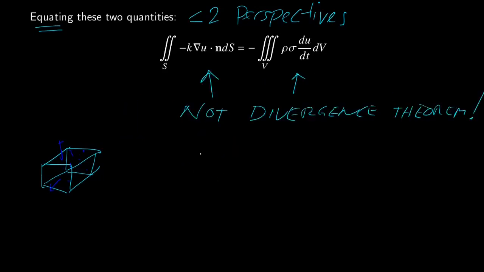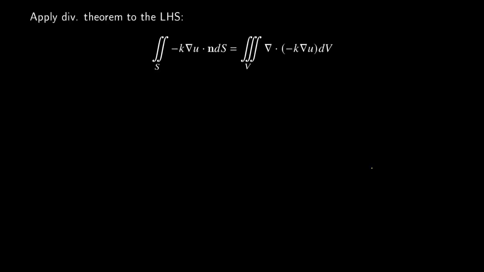You need to be careful here. This is not yet the Divergence Theorem. This seems to match the Divergence Theorem, a surface integral relating to a volume integral. But if you look carefully, it's not the same. In the divergence theorem, we relate the vector field u to its divergence.